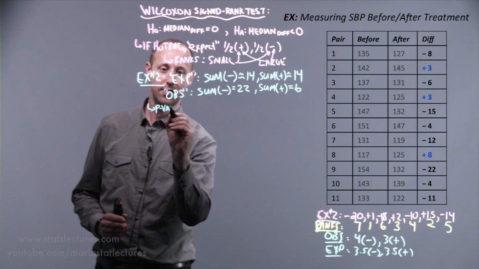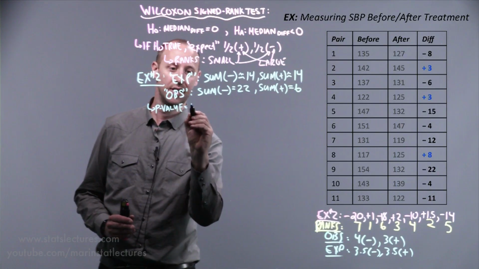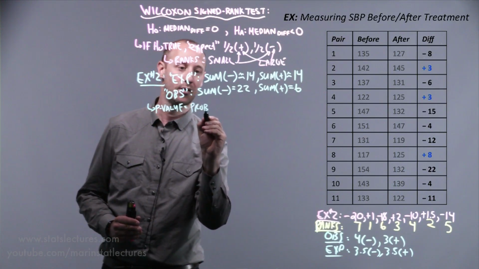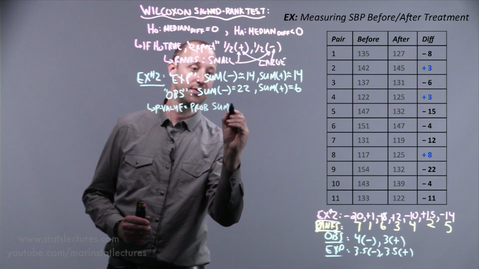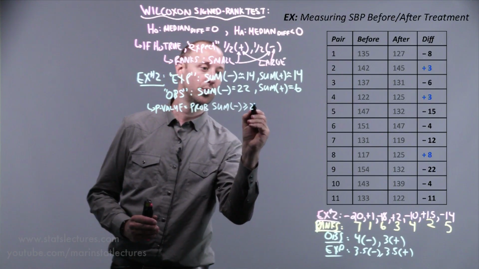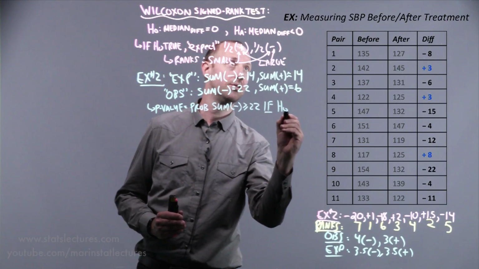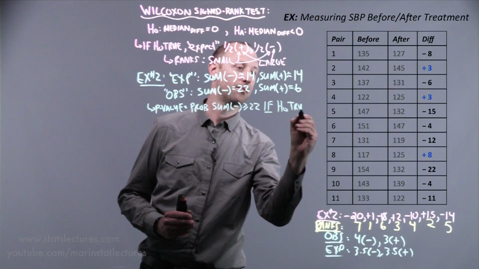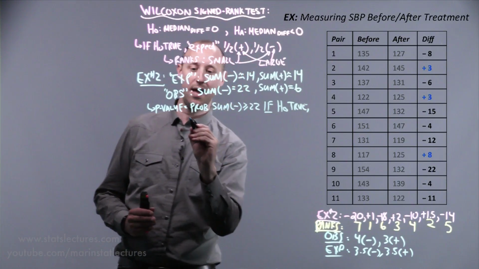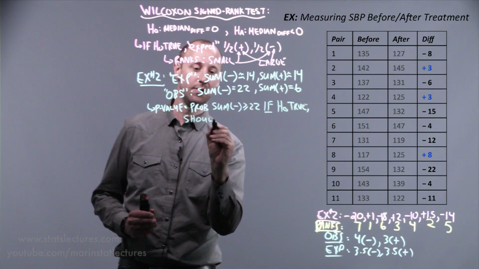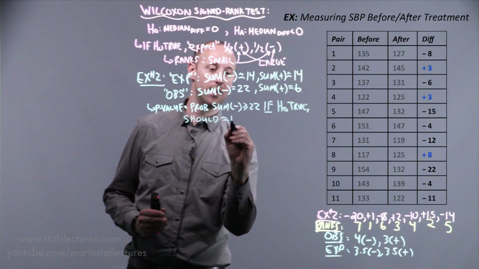So again, let's write that here. The p-value is going to tell us what's the probability that the sum of the negatives is greater or equal to 22 if, in reality, the null is true, and it should come out to be about 14.